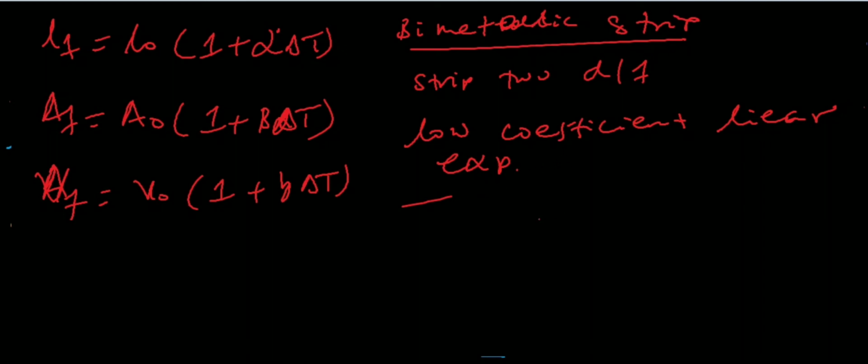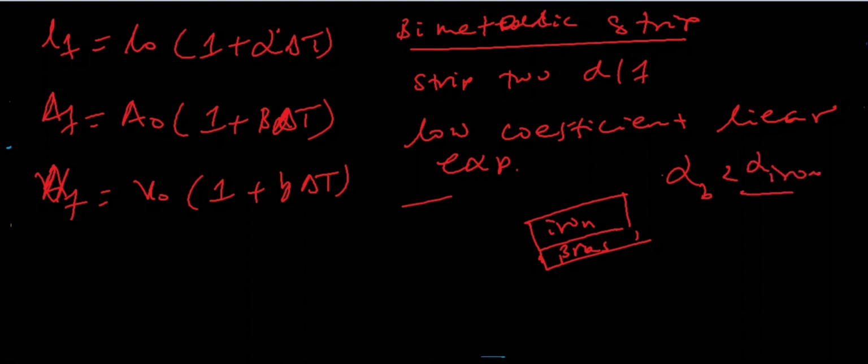Let's say if we have iron and brass. Let's say here is iron and brass. The coefficient of brass is less than that of the iron. Therefore, since it has a low coefficient of linear expansion, when you heat it up, the length of the iron will increase more than the brass.